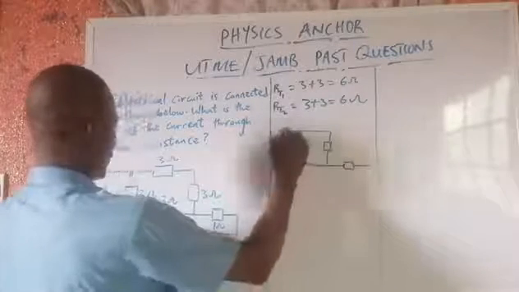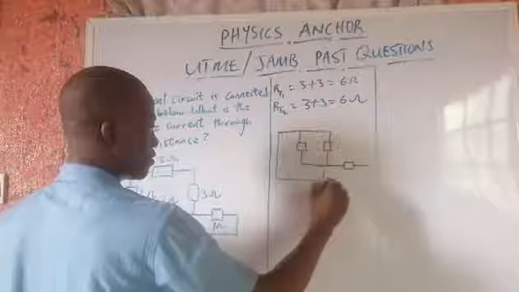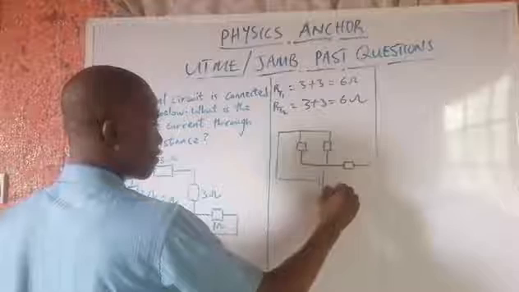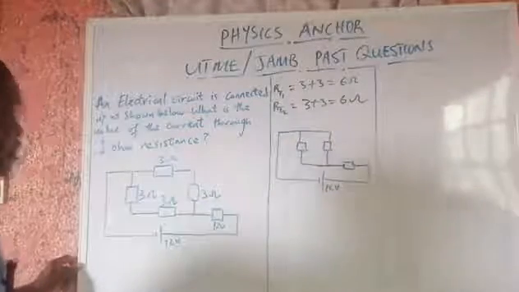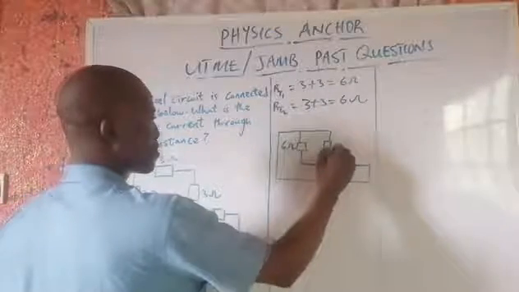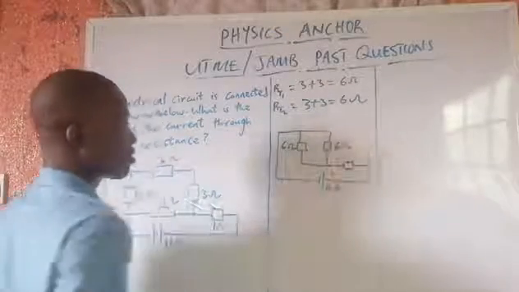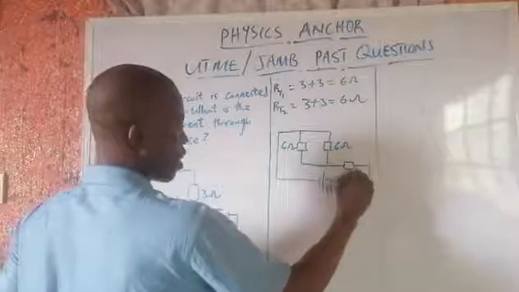The 1 ohm is still there, and then we have the voltage that is 12 volts. So this circuit will have come down to something like this. So you now have what? 6 ohms. You have 6 ohms, and then you have 1 ohm here.